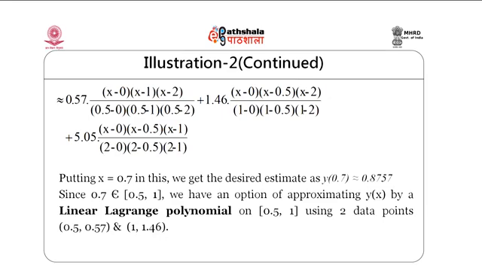Since 0.7 belongs to 0.5 to 1 also, we have an option of approximating y(x) by a linear Lagrange polynomial on 0.5 to 1 using two data points, 0.5, 0.57 and 1, 1.46.